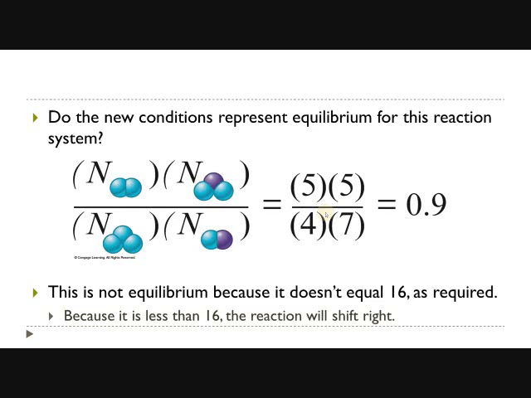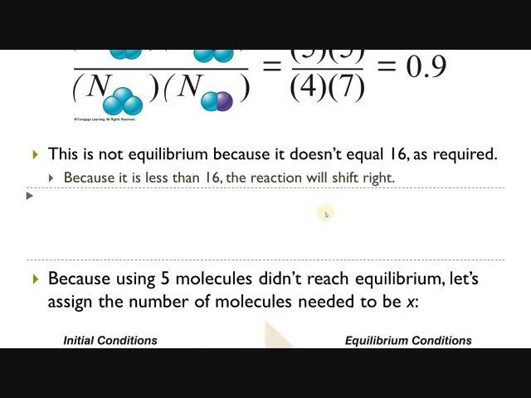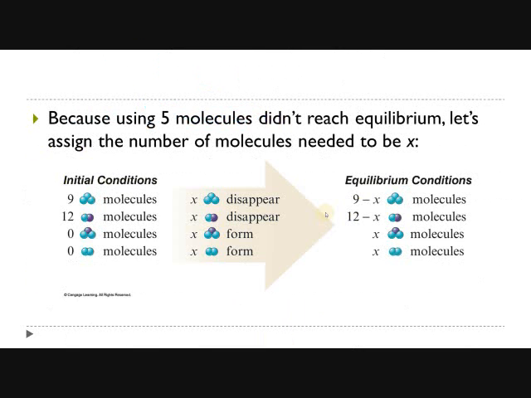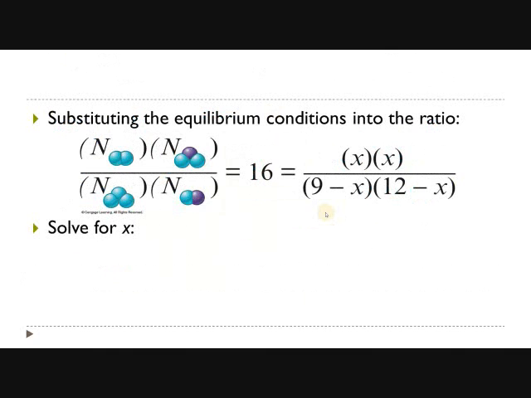Okay, so instead of just plugging in an arbitrary 5, we can say that the number of molecules that needs to change is going to be x, like we've done in 7.7 with our ICE charts. So x amount of each have to disappear or form to reach equilibrium. Then we can substitute this into our ratio, and then we can solve for x.